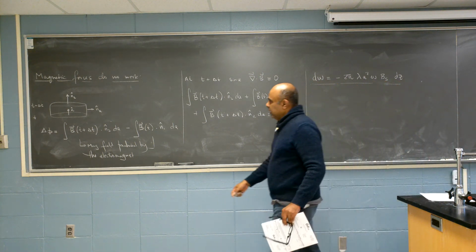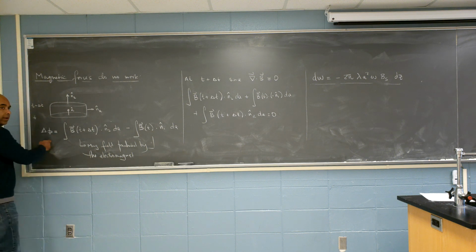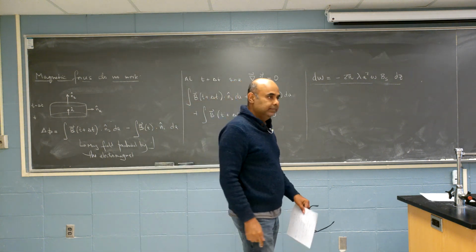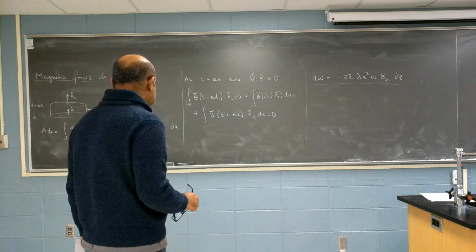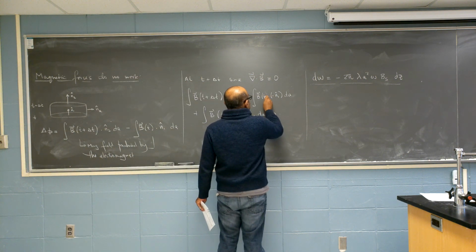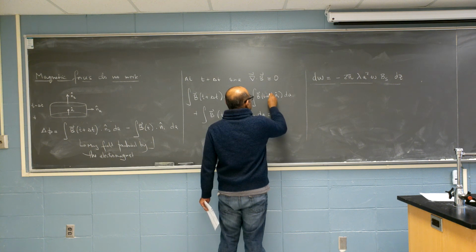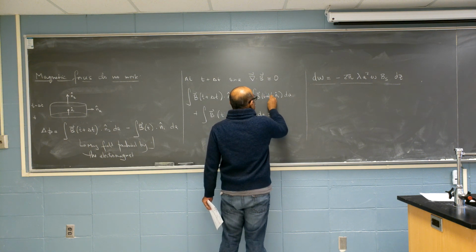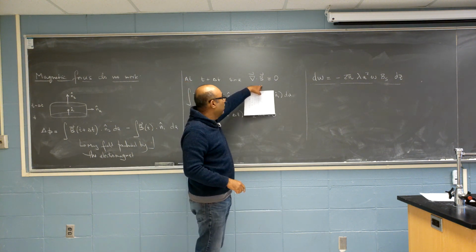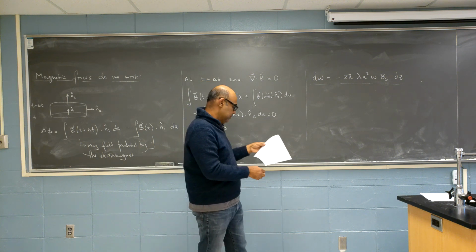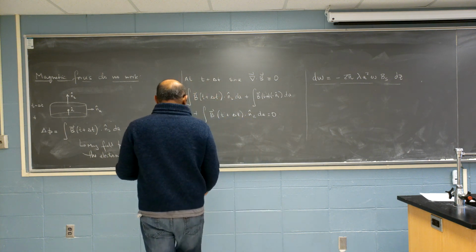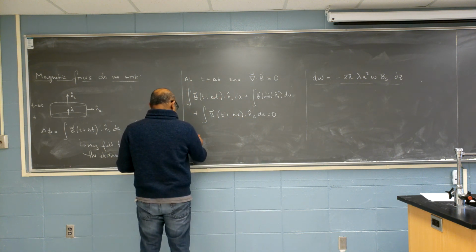I'm doing this to get the magnetic flux. This is simply divergence of B integrated over a volume. Everything is at t plus delta t, because I'm evaluating this over a volume at that time. So what I'm going to do is rewrite this expression, and you tell me where it came from.